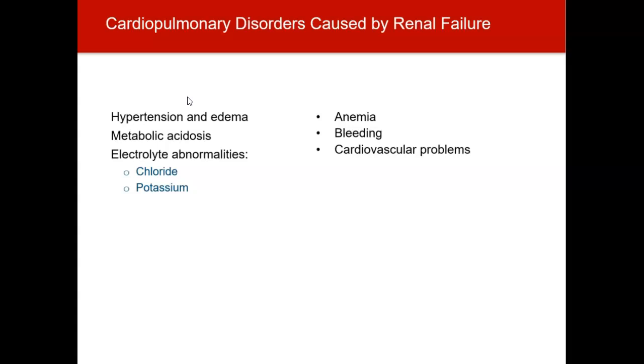The water retention is going to cause peripheral edema and that pulmonary congestion that we talked about, like you see in congestive heart failure. And in end stage renal failure, every single part of the body is going to be affected because of this buildup of wastes.